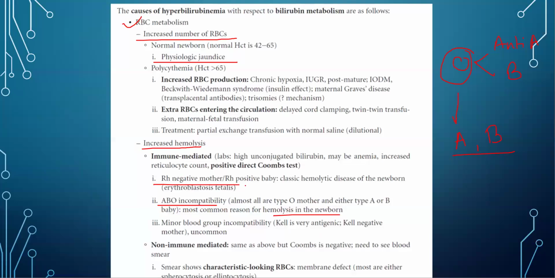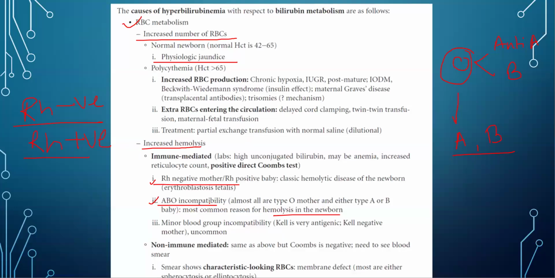Then there is Rh negative or Rh isoimmunization. All of you know about it. If the mother is Rh negative and the baby is Rh positive, that's when Rh isoimmunization will happen. I'm not going into the pathophysiology of Rh isoimmunization; we will discuss it at some point. Those are the two causes of hemolysis.